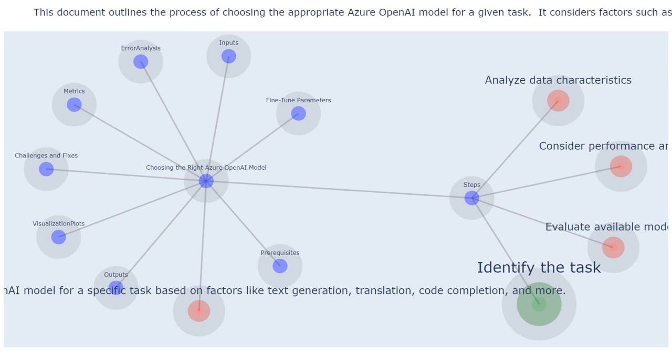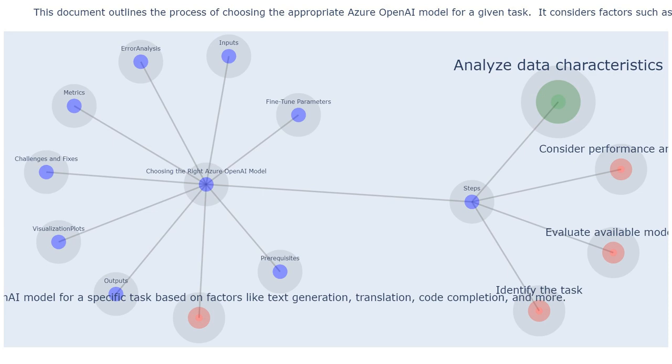Whether it's text generation, translation, summarization, code completion, or other natural language processing tasks. Analyze the characteristics of the data that will be used to train or interact with the model. This includes factors like the size of the dataset, the languages involved, and the specific domain or subject matter.